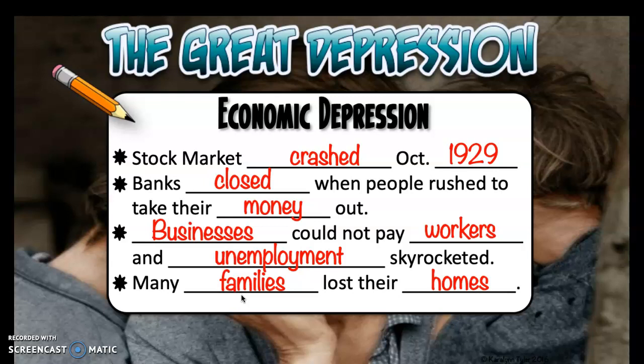You saw the example of the line graph that showed us that the crash happened in 1929, but over the next few years, the spiral effect took its toll. So by 1932, 1933, we are at the depths of the Great Depression, which it takes many, many years to dig out of. In fact, it takes a war to dig out of it.